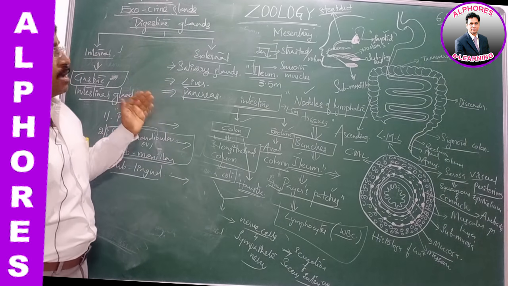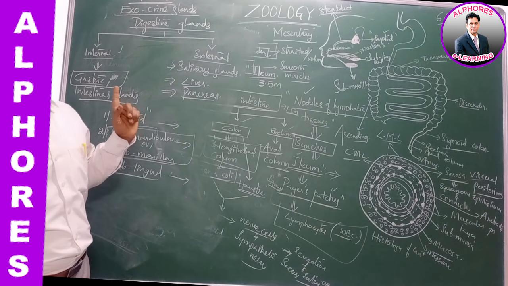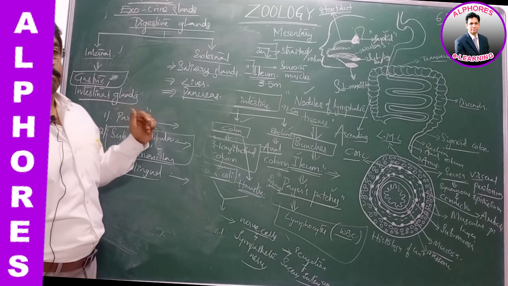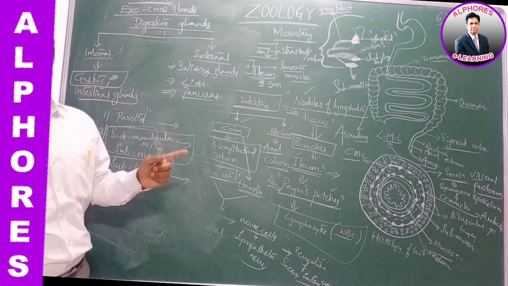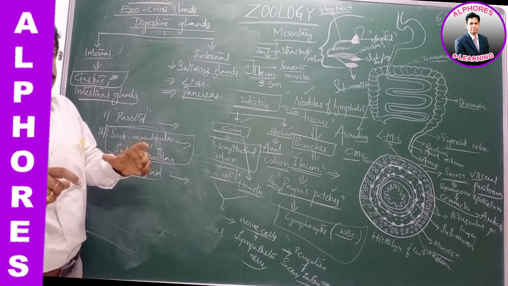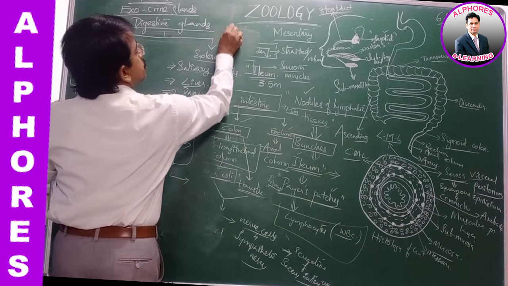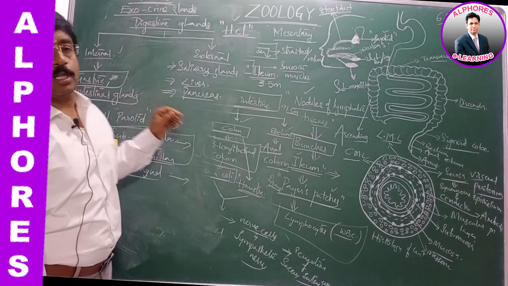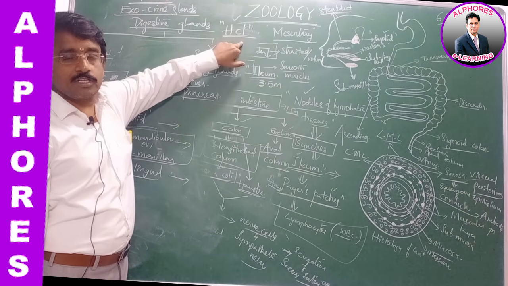So collectively, gastric juice is highly acidic with the chief cells secreting the pepsinogen and prorenin. Pepsinogen is an inactive enzyme which needs to be converted into the active form, which is done by means of HCl, hydrochloric acid. The acidic cells secrete the HCl and the calcium intrinsic factor.